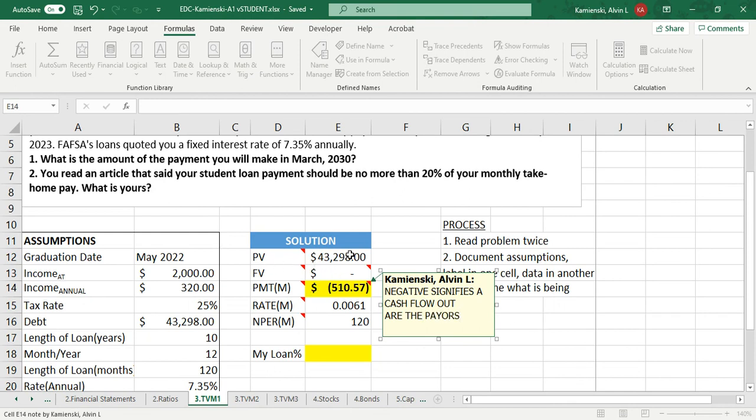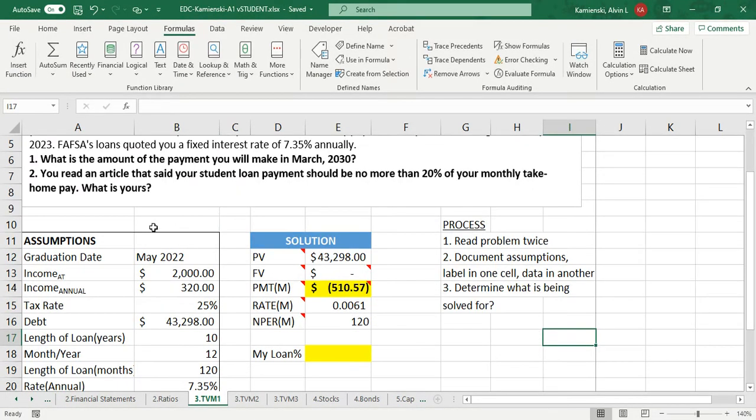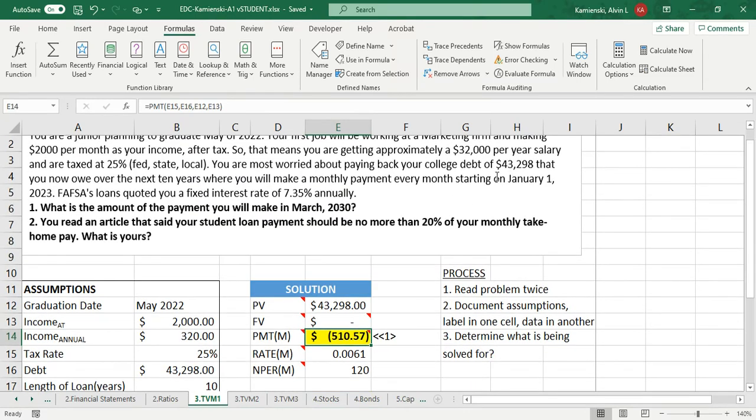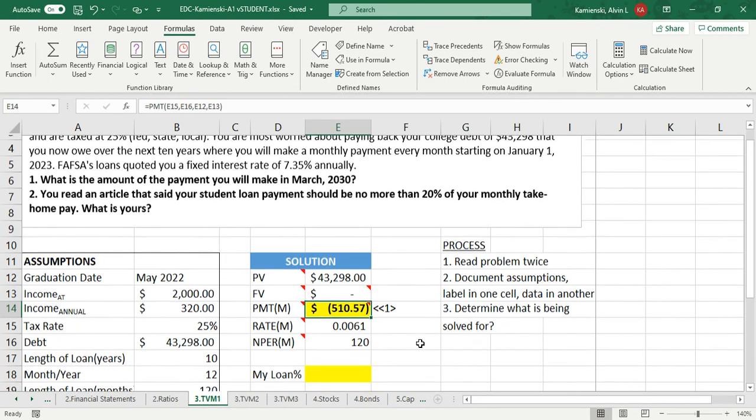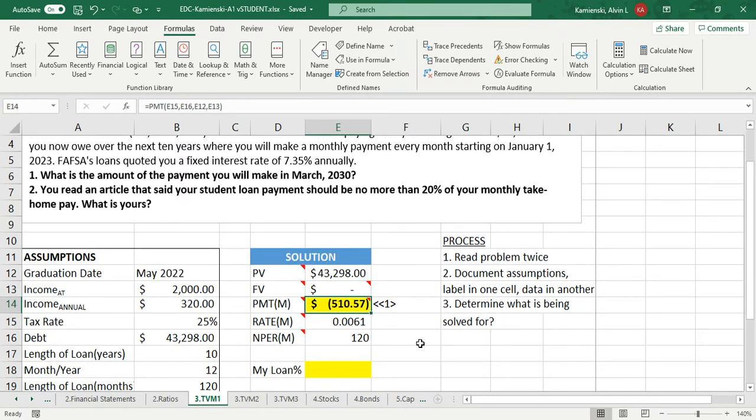So when we get this, we will pay 510.57 every month for 120 months because we borrowed at this interest rate. So question number 1 right here would be, what is the amount of the payment that you will make in March 2030? Why 2030? Because whenever you have a loan and you have a fixed rate and a fixed period, the payments are always going to be the exact same.